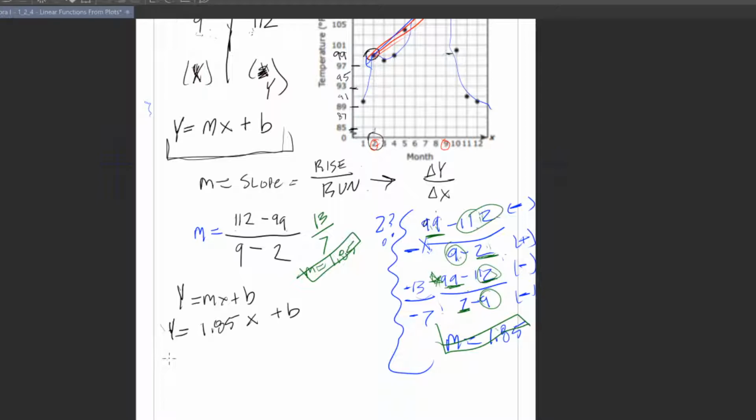So let's go ahead and plug that in. We got y equals 1.85 times 0 plus b, right? And we want to solve for b.